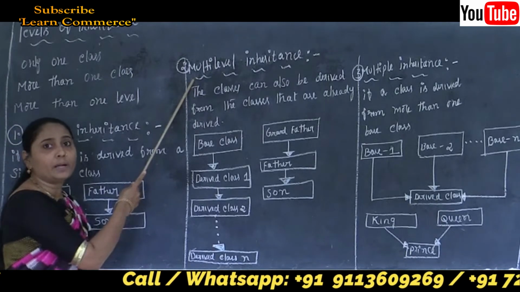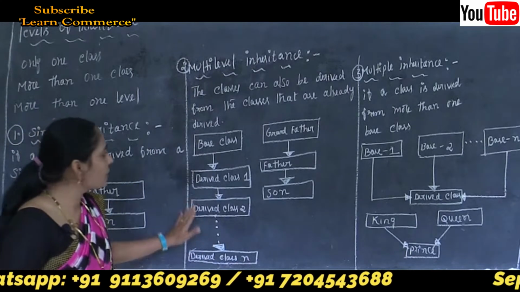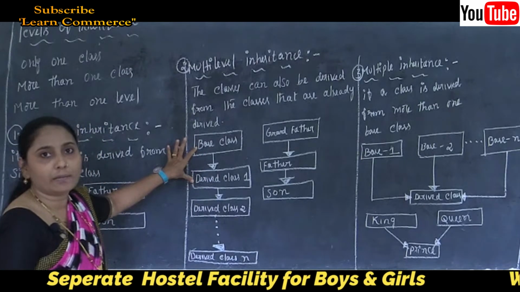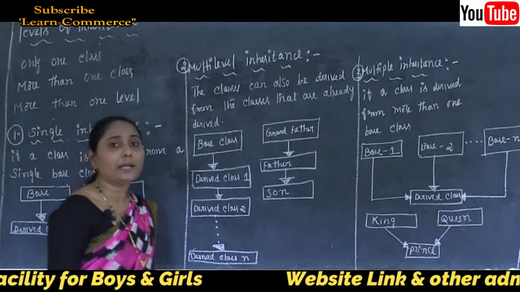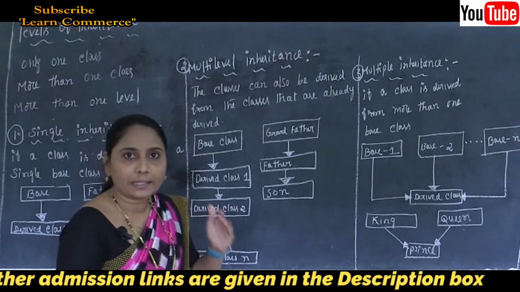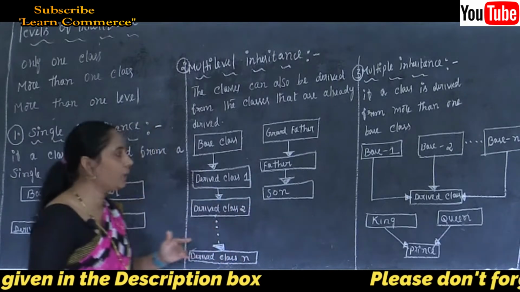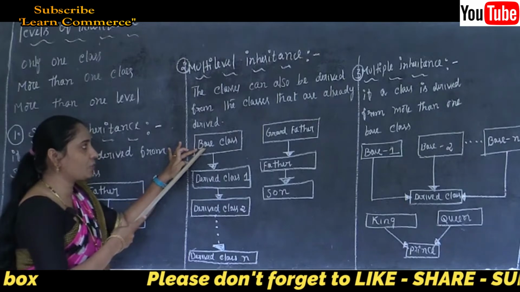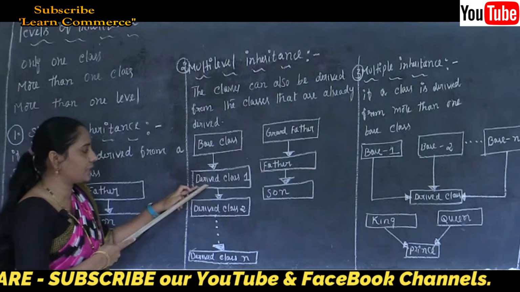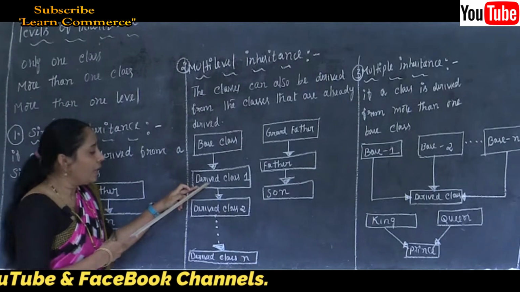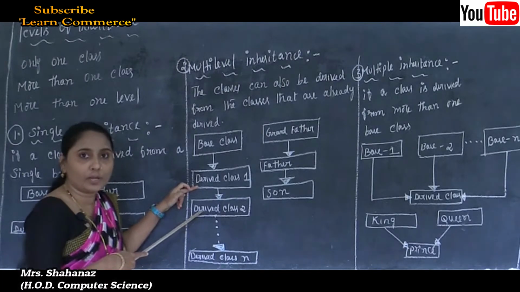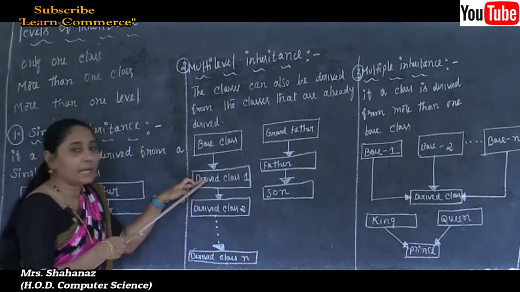The second type is multi-level inheritance. I have already drawn a simple diagram for multi-level inheritance. Classes can also be derived from classes that are already derived. First of all, we construct the base class. Using the base class, we construct derived class 1. Now the third class, derived class 2, is constructed using derived class 1.